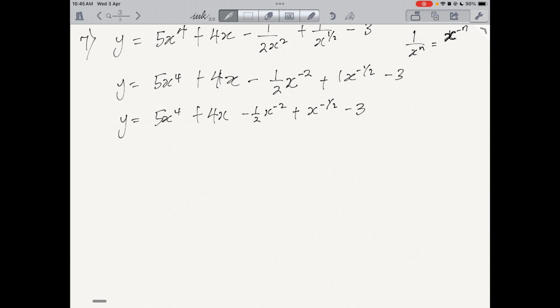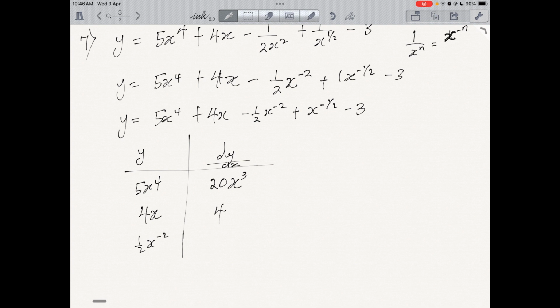So if we differentiate each term, we have dy/dx. 5x to the power 4, when we differentiate this, we should have 20 x to the power 4 minus 1, that's 3. If we differentiate 4x, we'll have 4. If we differentiate 1 over 2 x to the power minus 2, we will have minus 1 x to the power minus 3.